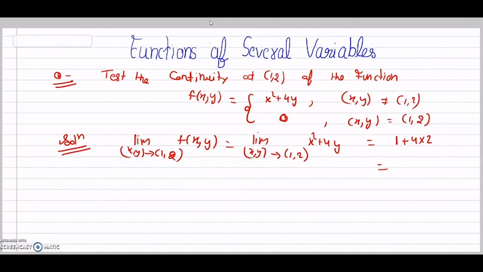That means 9. So now limit (x,y) tends to (1,2) is equal to 9 and it is not equal to 0, the value of the function at (1,2). Okay. So therefore the function is not continuous at (1,2).